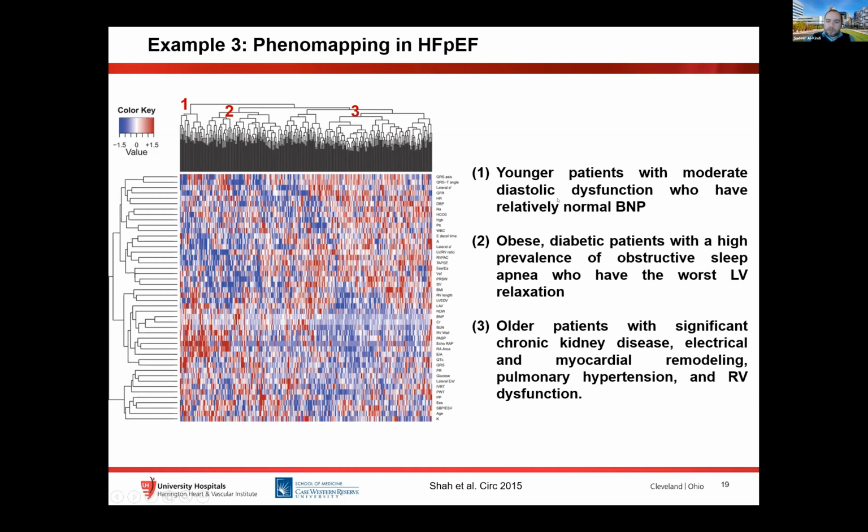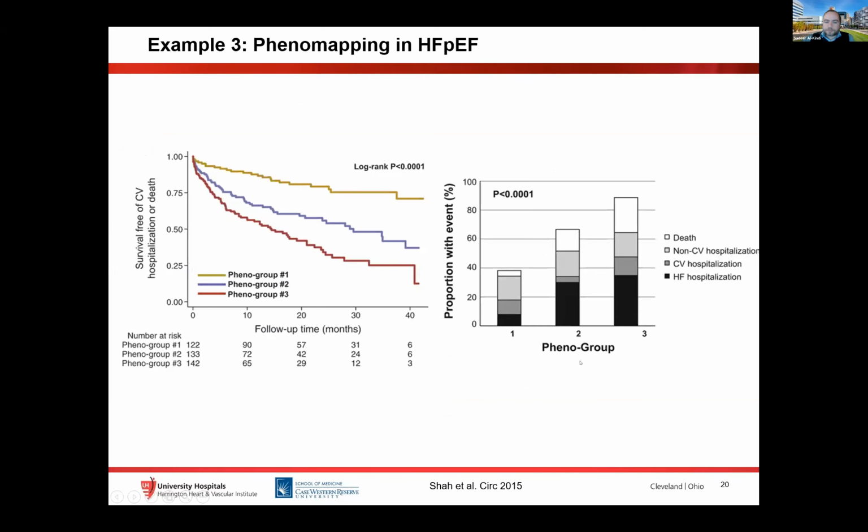Cluster 1 was a younger patient population with mild diastolic dysfunction and relatively normal BNP. Cluster 2 was obese diabetic patients with high prevalence of obstructive sleep apnea and severe LV relaxation abnormalities. And group 3 was older patients with atrial fibrillation, CKD, and myocardial remodeling.